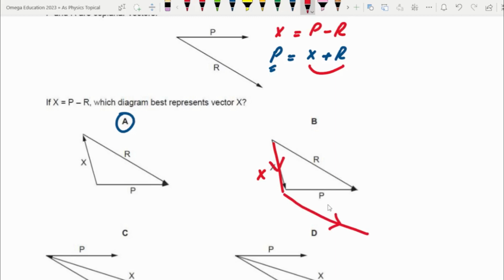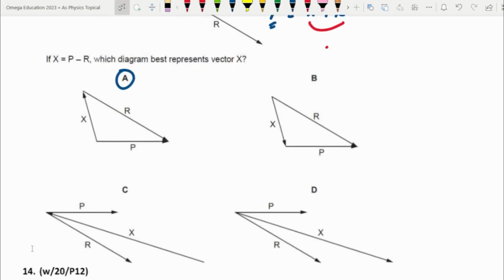You have to place it at the end of the first one, just like you keep attaching the pencils. You have the first one over here, then you connect the second pencil at the end of the first one, like this. Then you connect the third one and you continue in the same way. So B can't be the right answer. And likewise, you'll see the problem with options C and D as well.